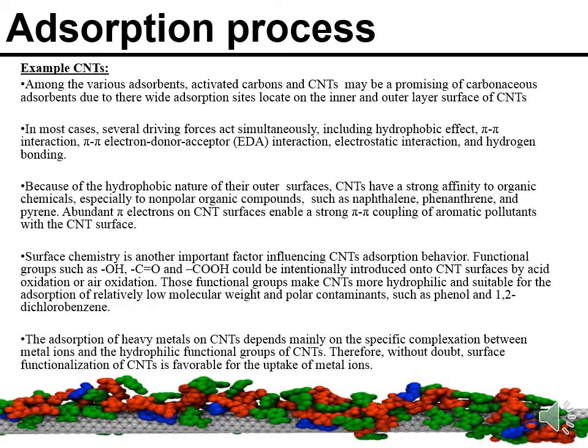The adsorption of heavy metal on carbon nanotubes depends mainly on the specific complexation between the metal ion and the hydrophilic functional groups on the surface of the carbon nanotube. Therefore, surface functionalization of carbon nanotubes is the measure of interest.